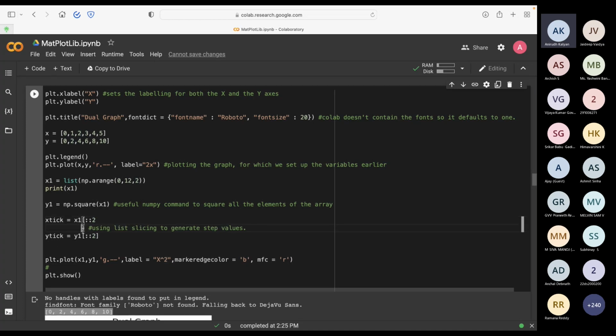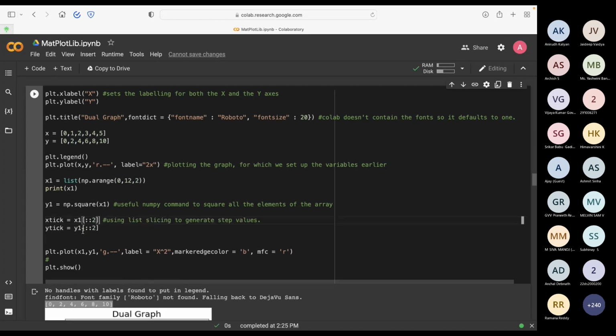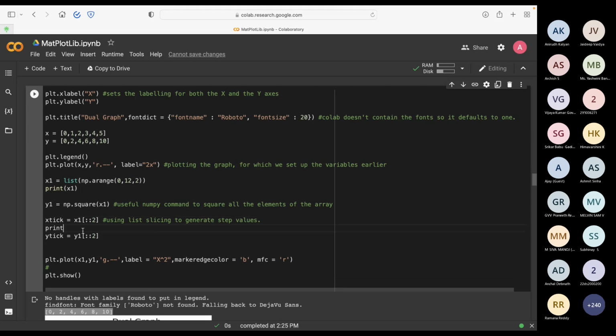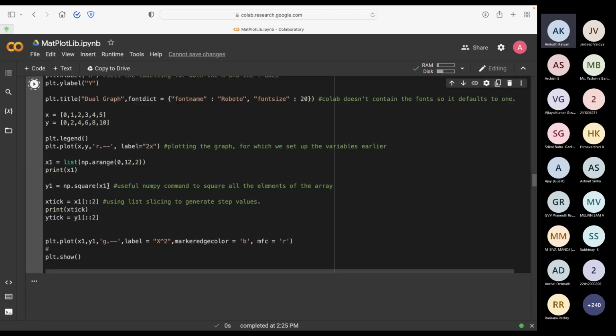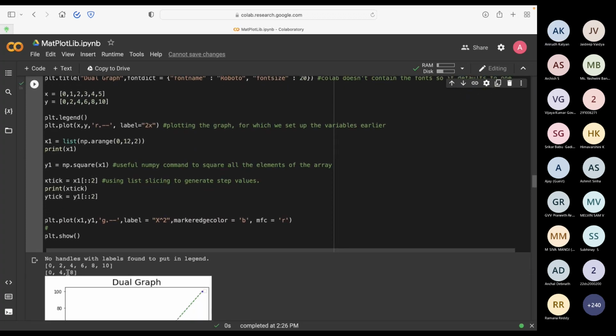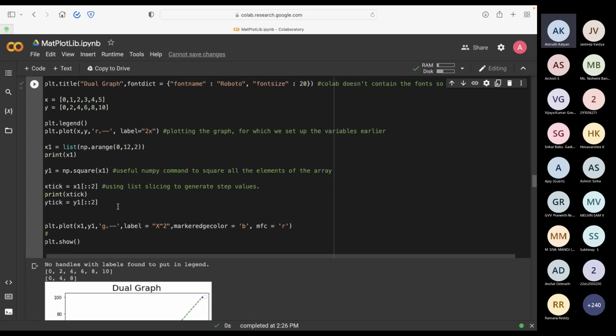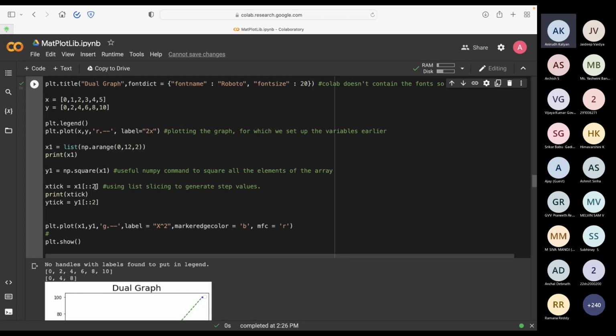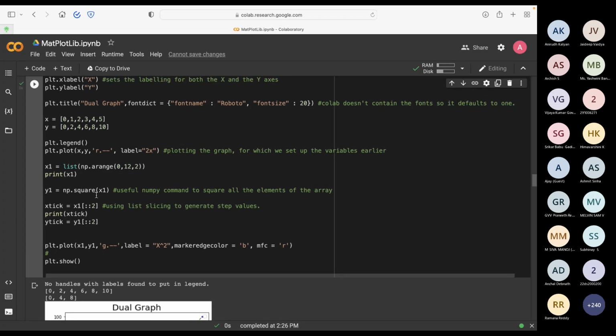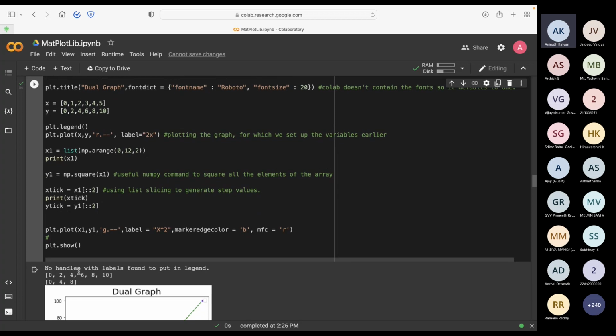If I print out xtick, you should see that it will skip every other value. Of 0, 2, 4, 6, 8, it will just print 0, 4, 8. As you can see, it's skipping every other value, and since there is nothing at 12, it will only take 0, 4, and 8.